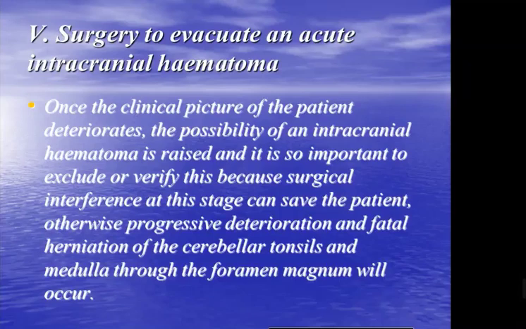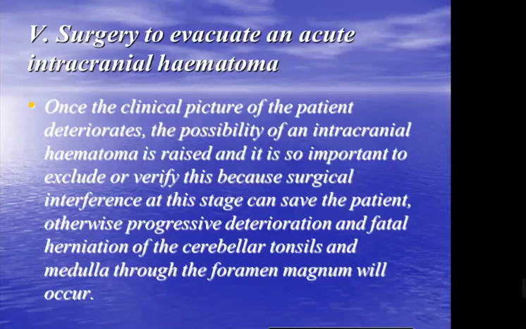To start with, we always say that head injury is a general surgical problem, not a neurosurgical problem. It is treated by a general surgeon. So I repeat again that head injury is a general surgical problem and can be treated by a general surgeon. Sometimes they are in need of intervention by neurosurgeons, like evacuation of hematoma.